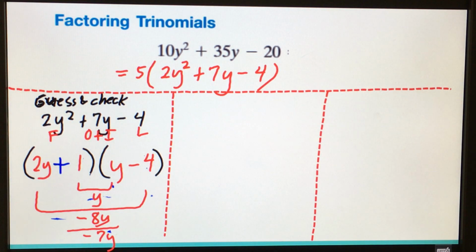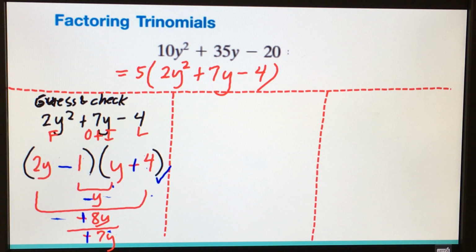But we need to have a positive 7y, so what I need to do is change this to positive, and then maybe change this to negative. That way, this becomes a positive 7y.